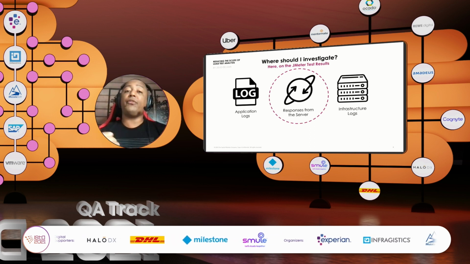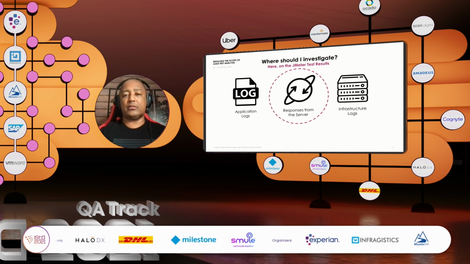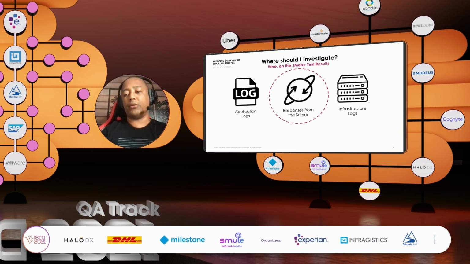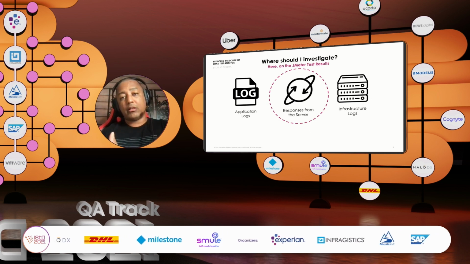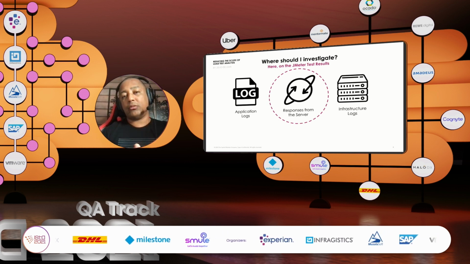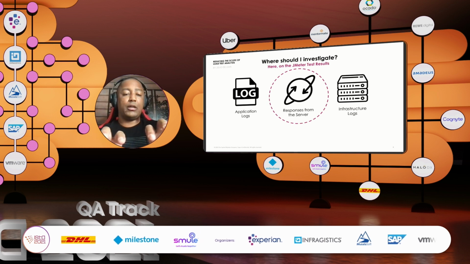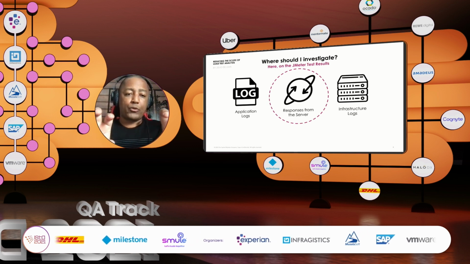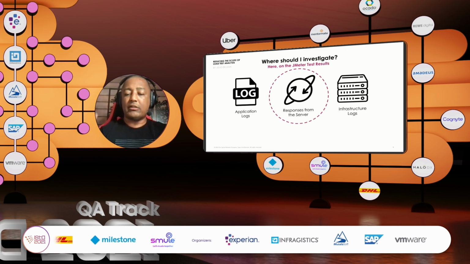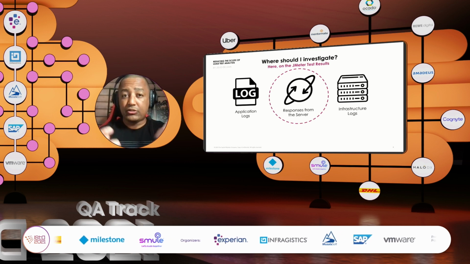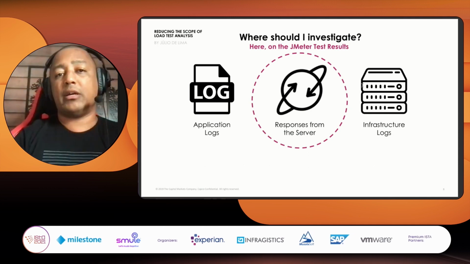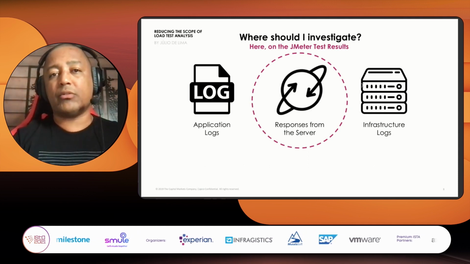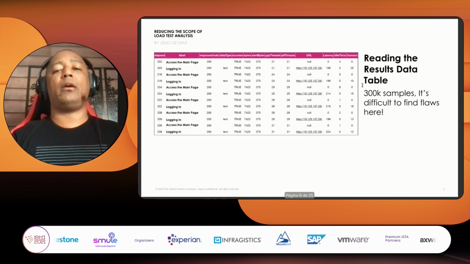Okay, and if you get interested about this thing that I'm going to share with you, you can explore more machine learning and load testing and start to merge application logs and infrastructure logs to this solution, and then get a more robust solution than what you are going to see now. Okay, great.